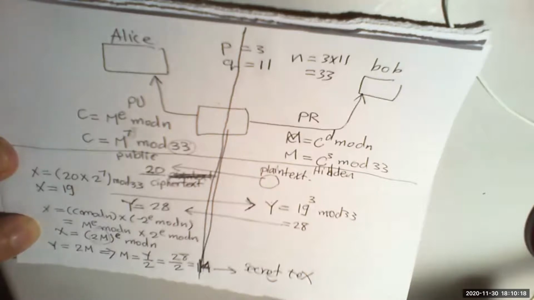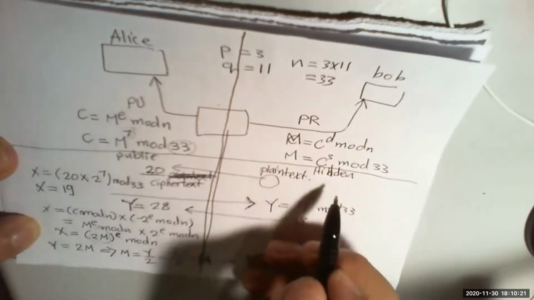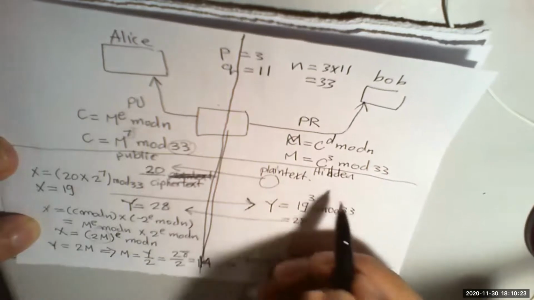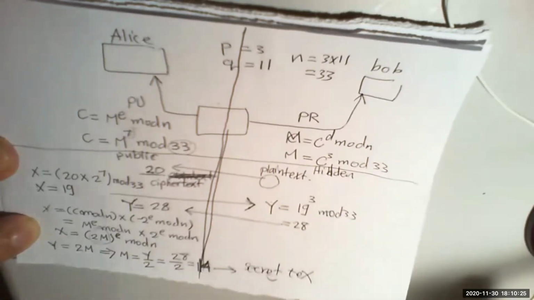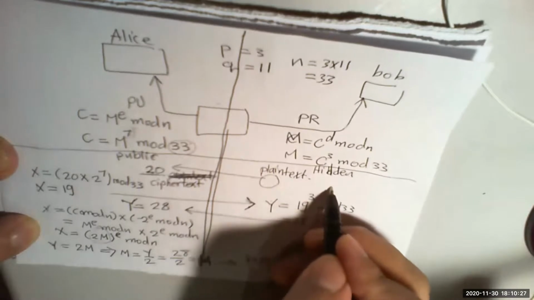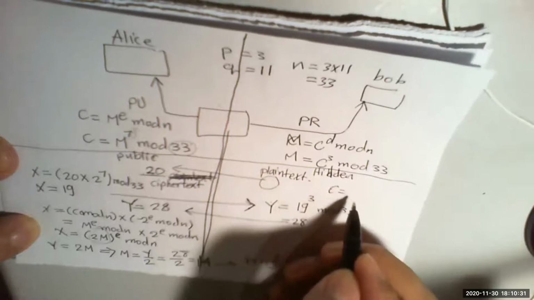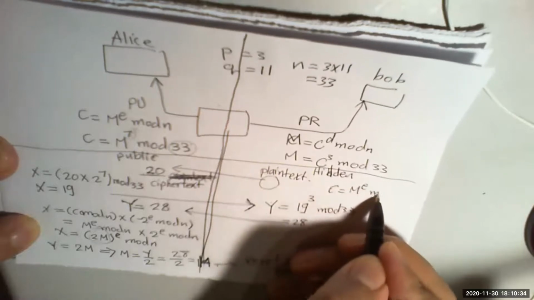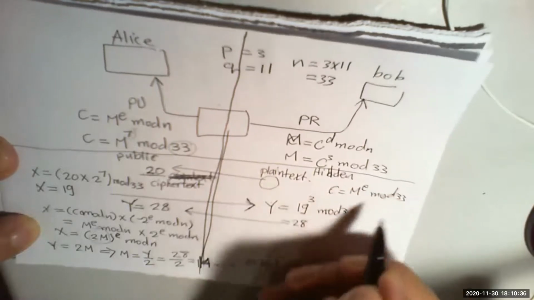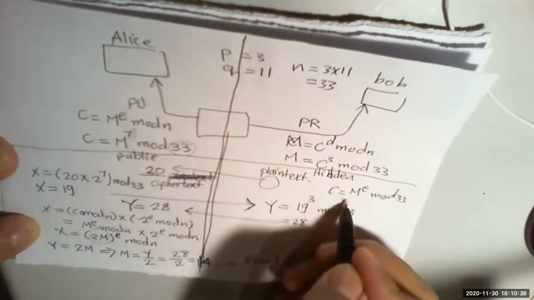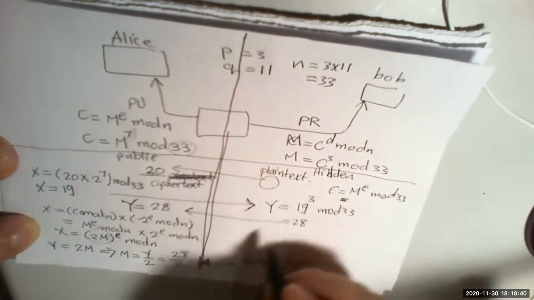How to make sure this is the secret text? We can use simply the cipher text equal to m to the power e mod 33, and this is the plain text.